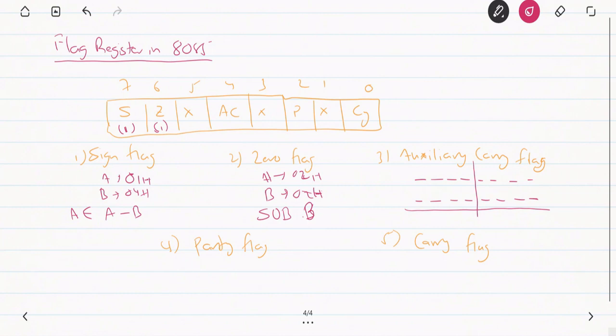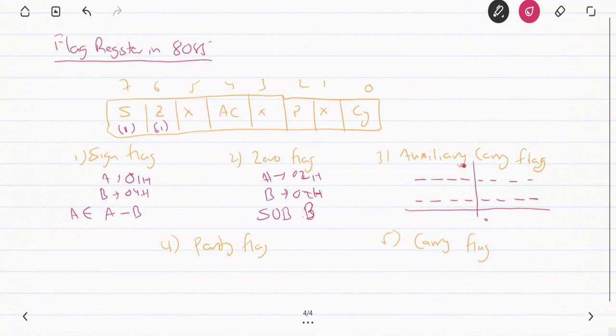Whenever we do some operation and during that operation we have a carry going from the 4th to the 5th bit, then the auxiliary carry flag is set. Again, the microprocessor handles 8-bit data during arithmetic or logical operations. Dividing those 8 bits into 2 equal halves of 4 bits, whenever an operation generates a carry going from the 4th to the 5th bit, the auxiliary carry is set.